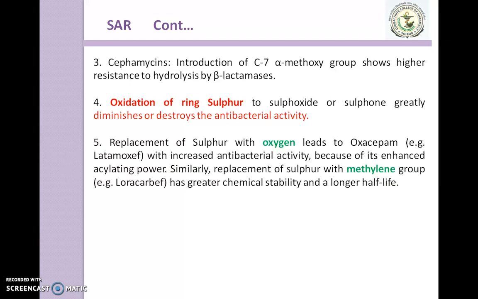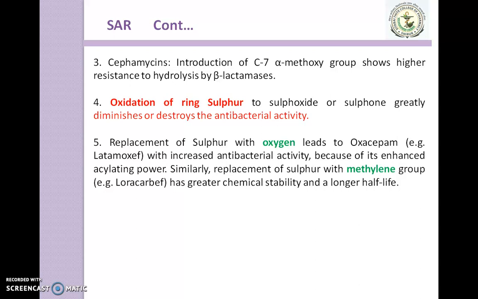Next point, but you can replace that sulfur with oxygen. The compound formed is an oxacephem. Example, latamoxef, which has an increased antibacterial activity because of its enhanced acylating power.